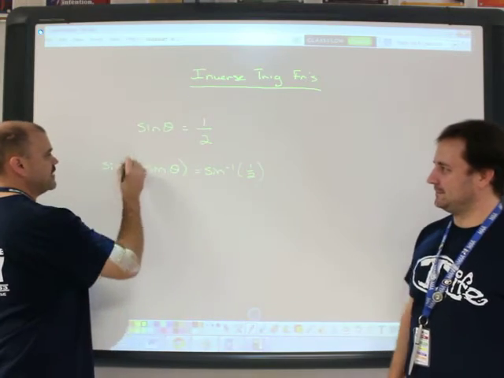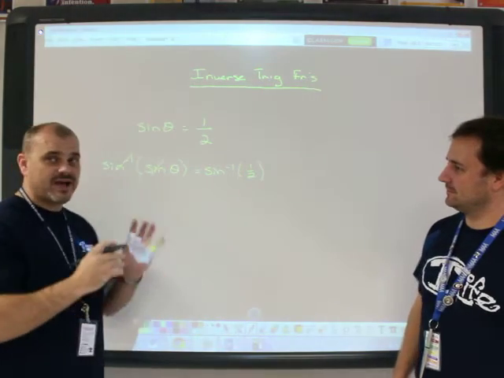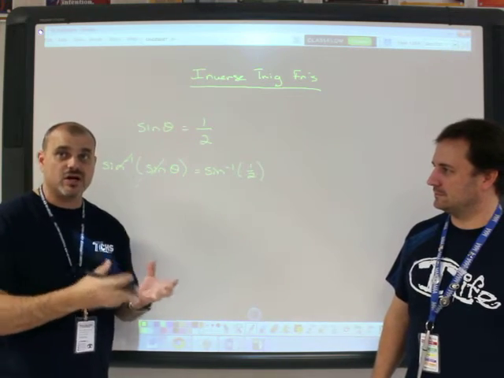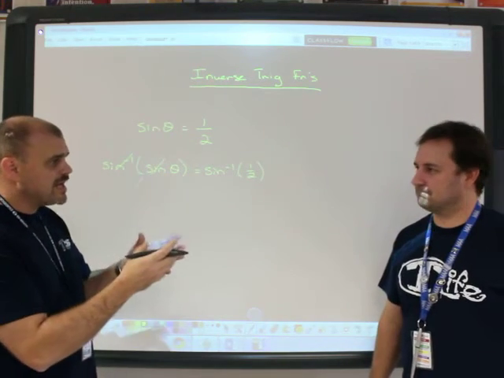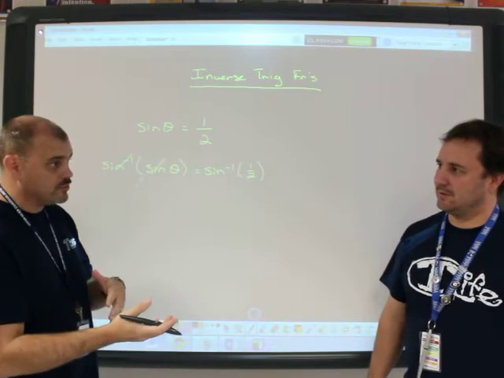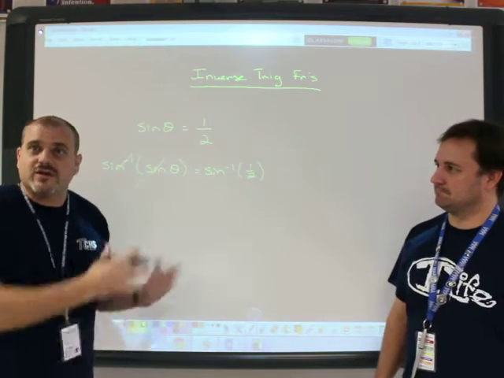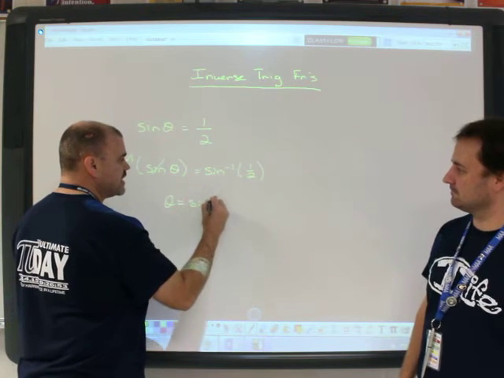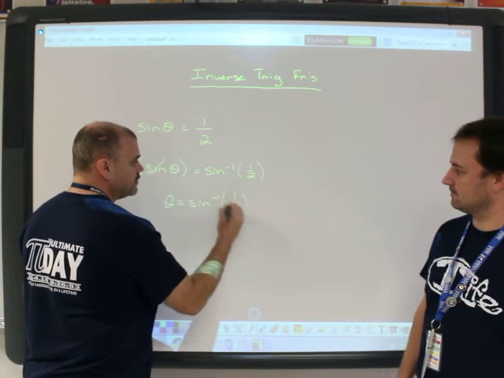Now this sine inverse doesn't cancel out that sine. It undoes the function, kind of like the way square undoes square root, or square root undoes a square. It's the inverse operation.